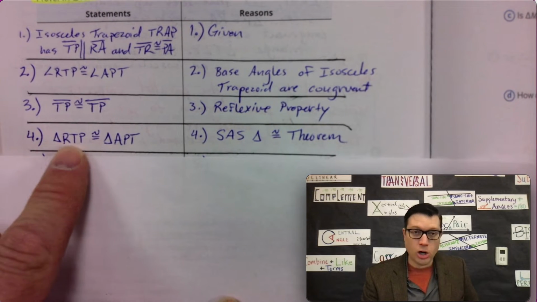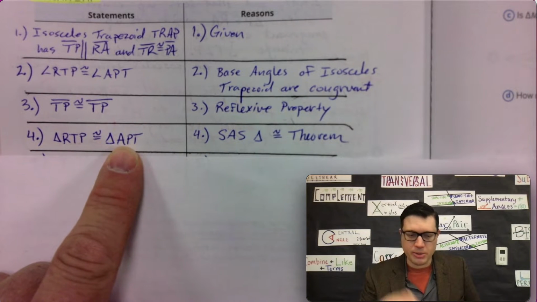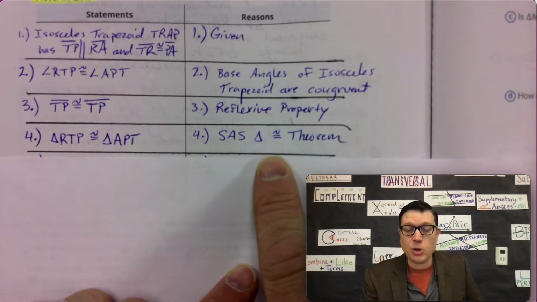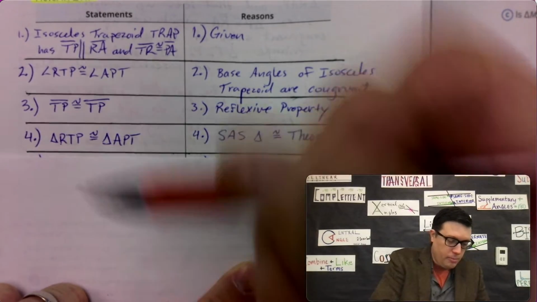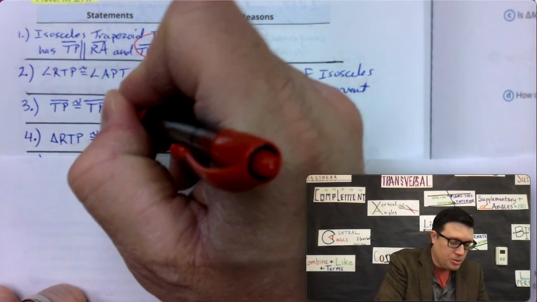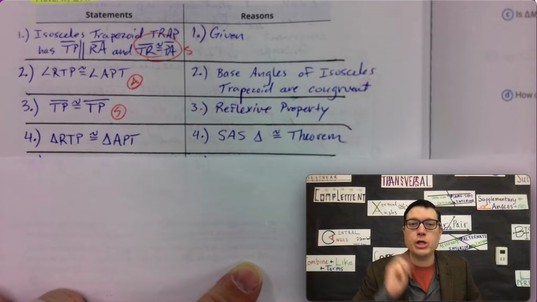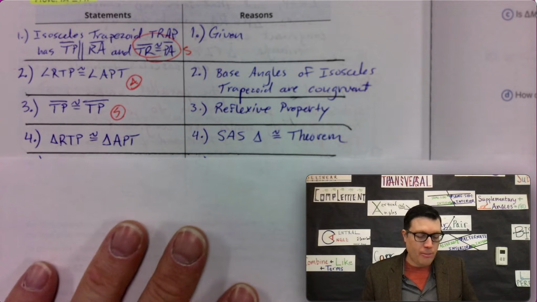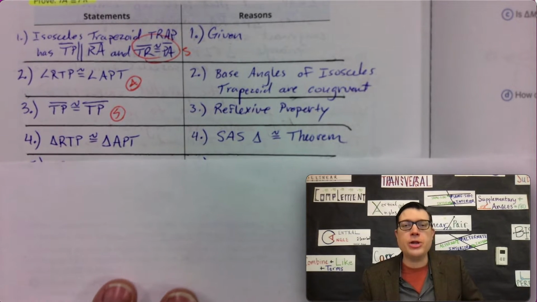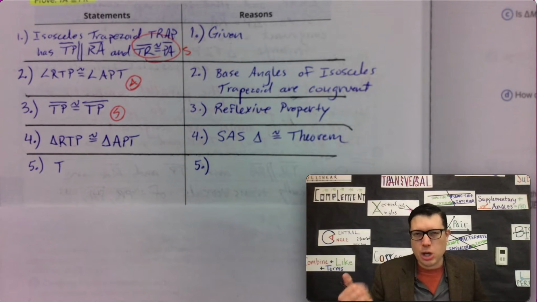The triangle RTP is congruent to triangle ATP, or switch the letters around, PT. And it's side angle side. We have a pair of sides, a pair of angles, and a pair of sides. So SAS, triangle congruence theorem. And if the triangles are congruent, then those diagonals that are on the triangle must also be congruent.